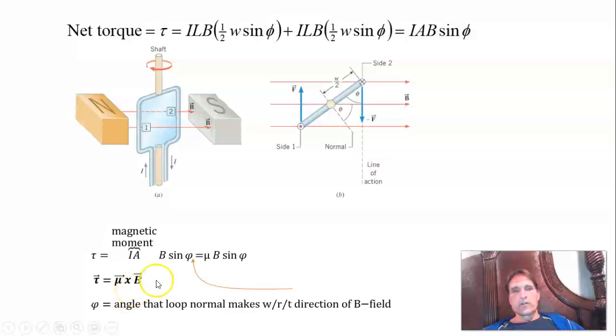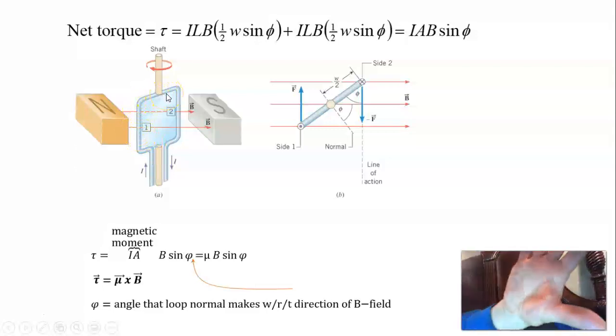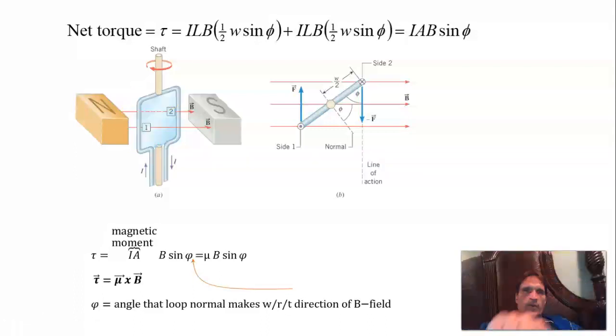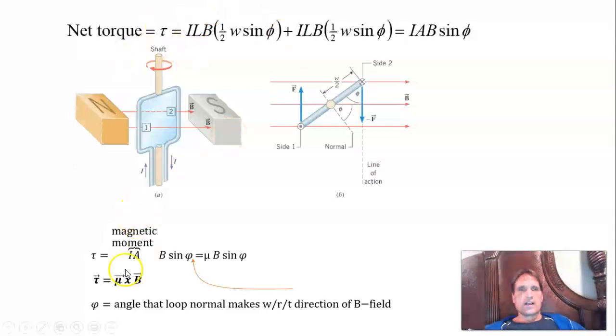And to get the direction right, you have to get the dipole moment's direction right, which means in this case, you take the current and you curl your hands in the direction of the current, and the dipole moment is the direction of your thumb. So in this case, it's going into the page. And if we know the direction of the dipole moment and we know the direction of the field, then we can get the direction of the torque.